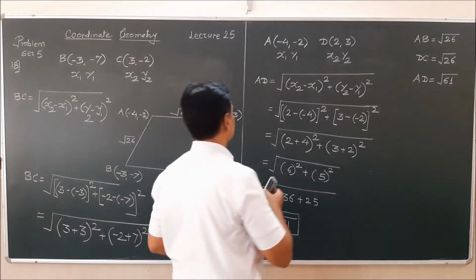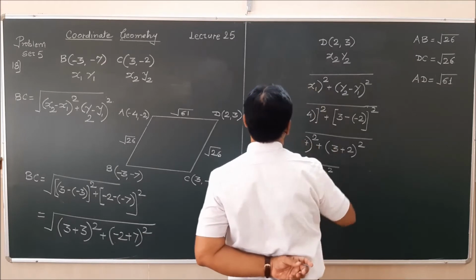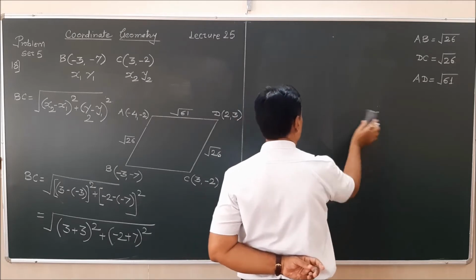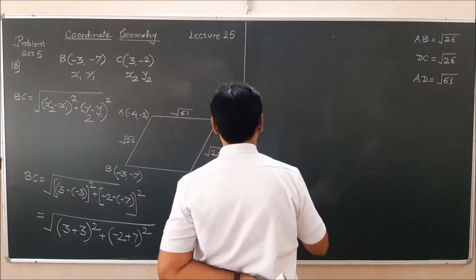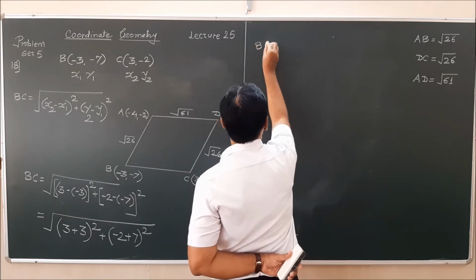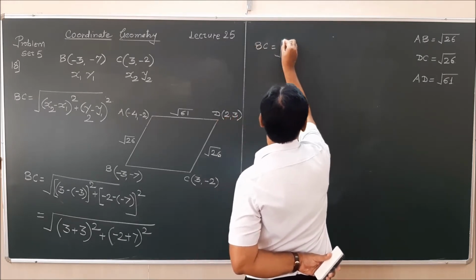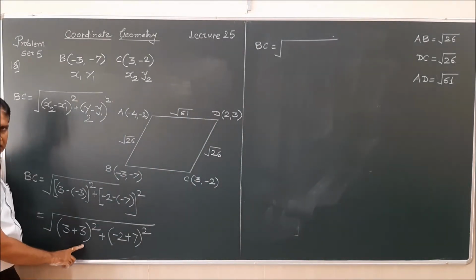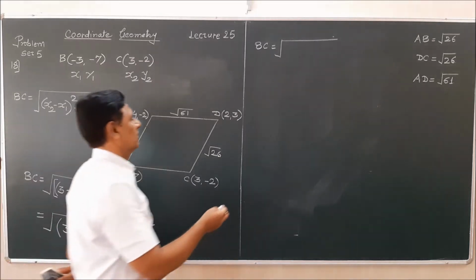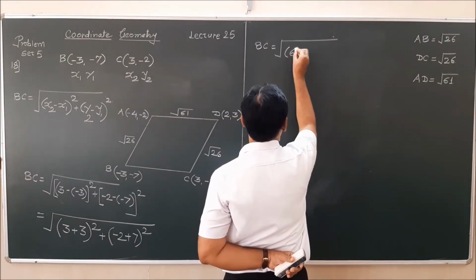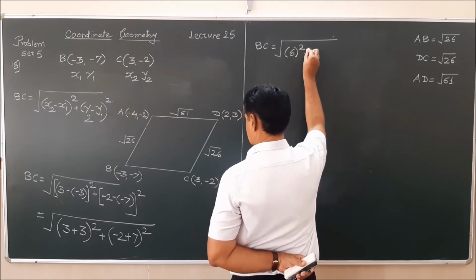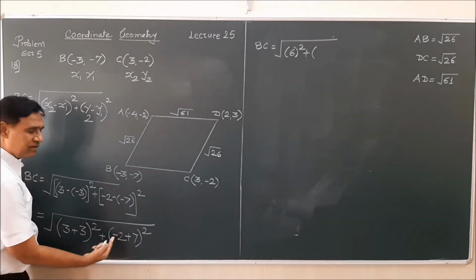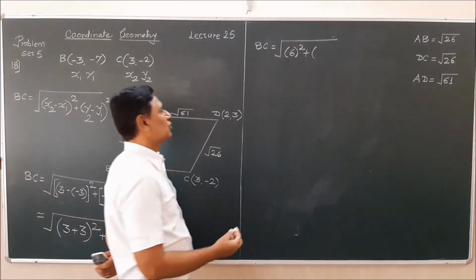Now the next step is the value of BC, root of 3 plus 3, 6 square, plus minus 2 plus 7, which is 5.